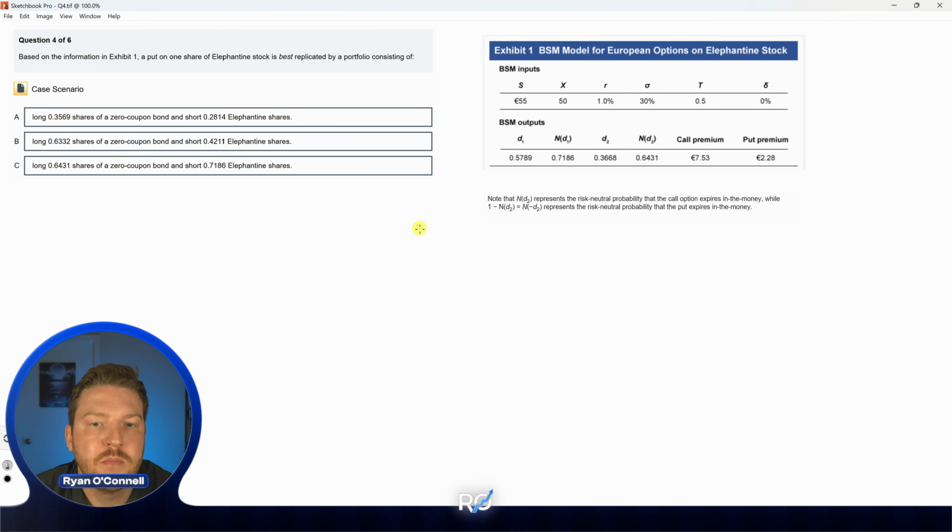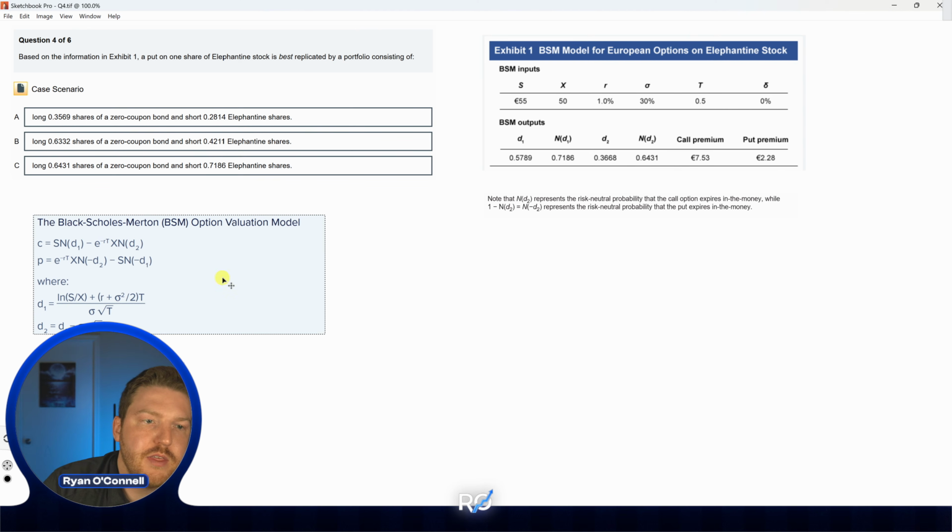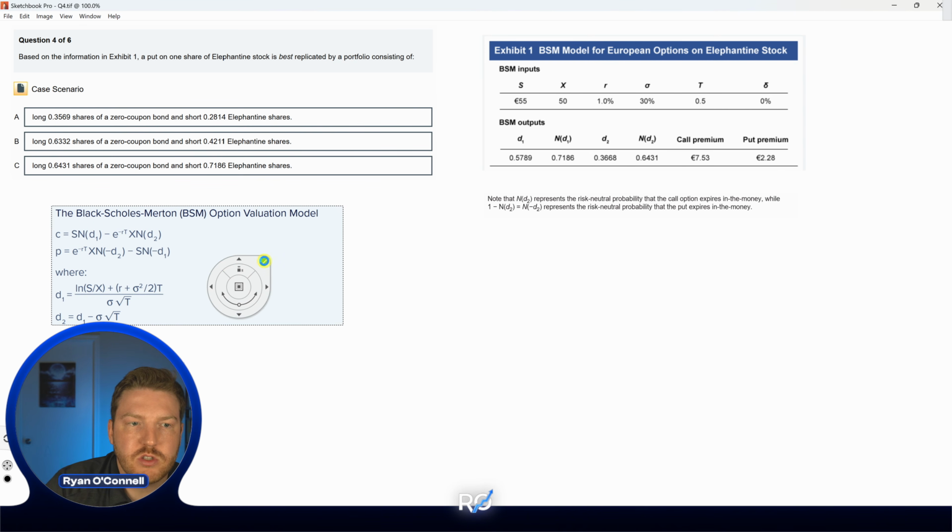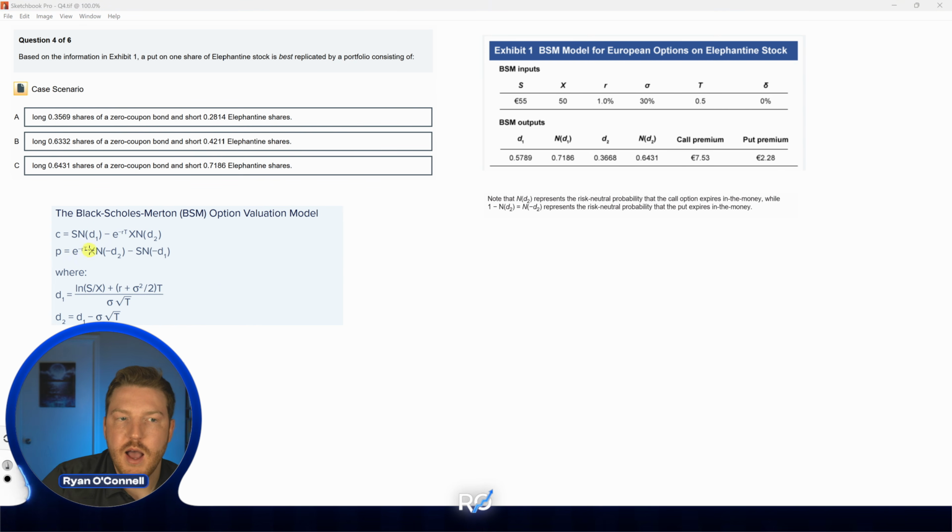We'll paste it in. So we already looked at the call option. Now the put option is quite similar to the call option in that we use these probabilities, right? And remember we said that N(-d2) represents the risk-neutral probability that a put expires in the money.